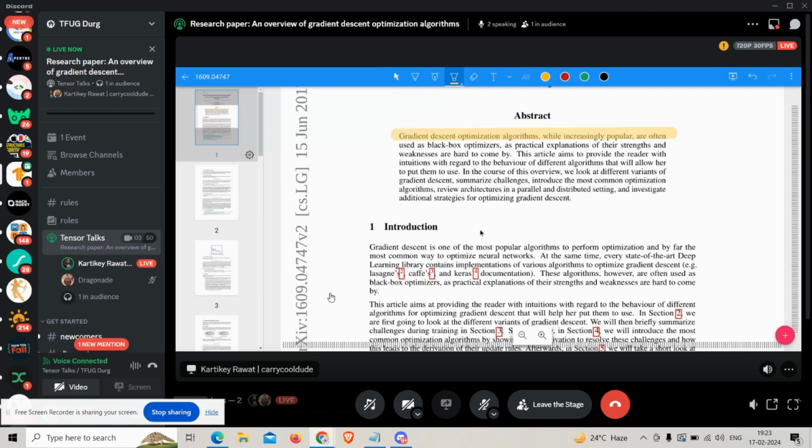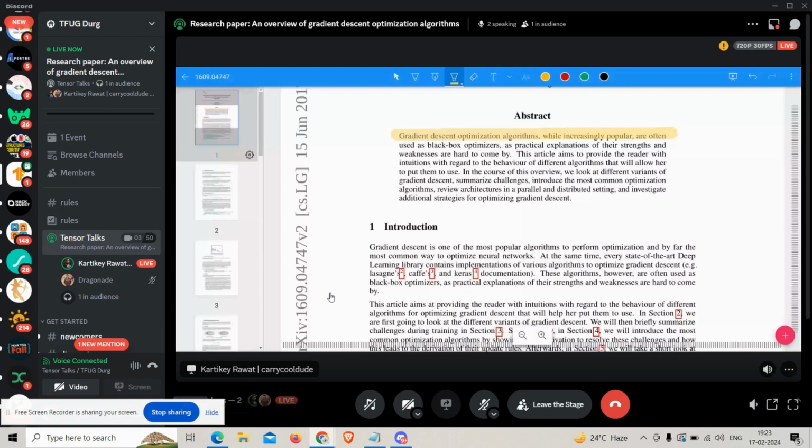Cool. So when we say gradient descent, descent means reducing, right? Reducing the gradient. When we say gradient, what is gradient at the end of the day? Gradient basically is, if you consider it in that term, differentiation of a function with respect to multiple variables.